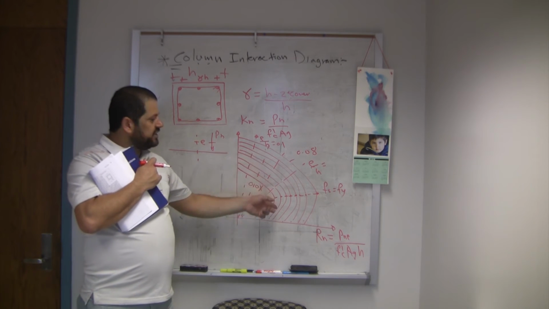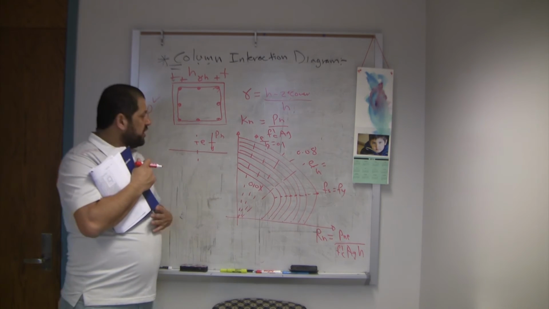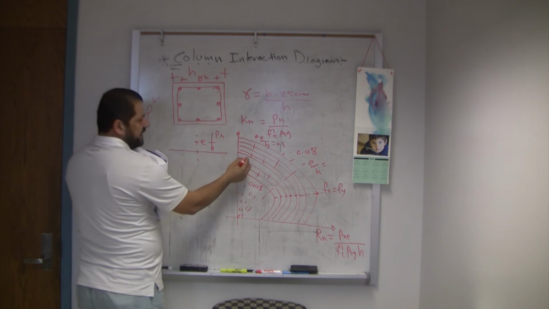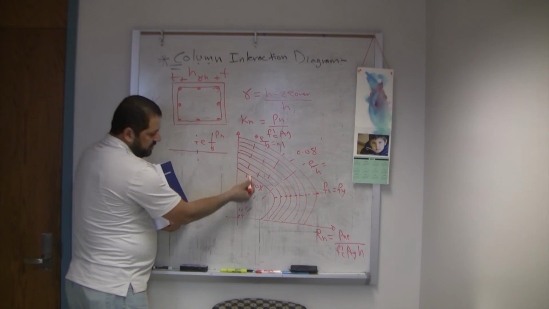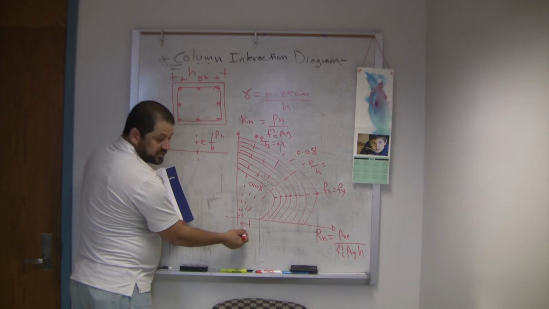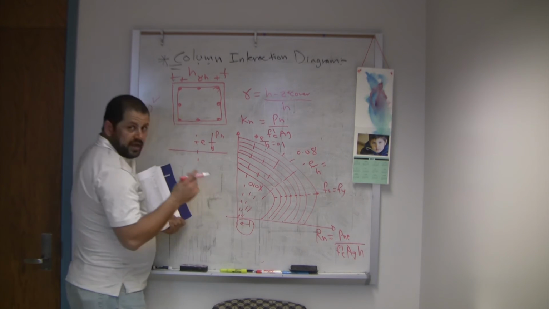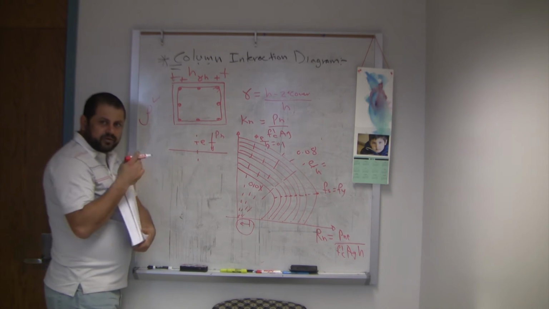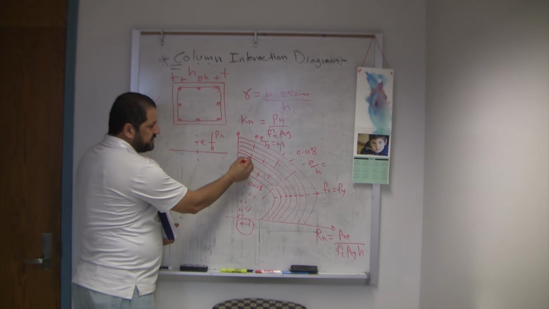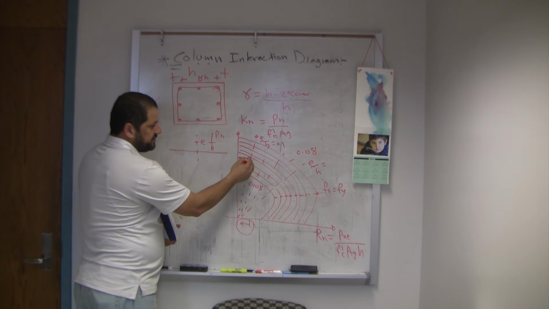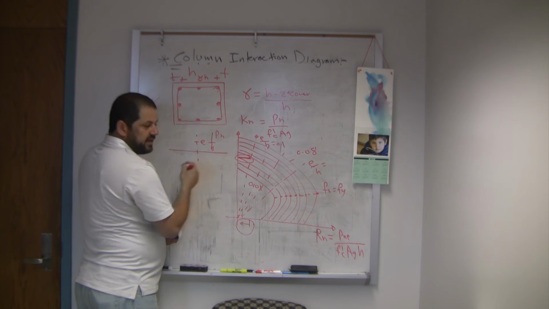This one is for each rho. You will see the interaction diagram at a certain value here where the moment is small and can be ignored. We can consider that case as pure axial loading. You see the interaction diagram has a flat cut in here.